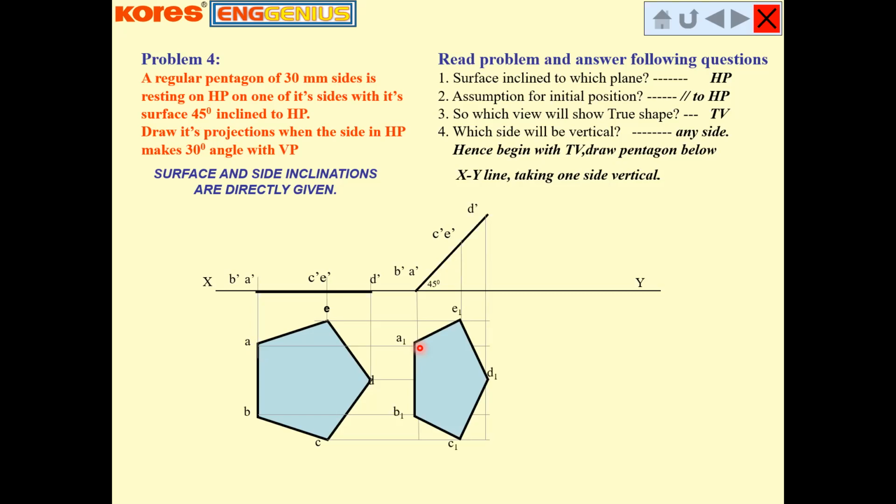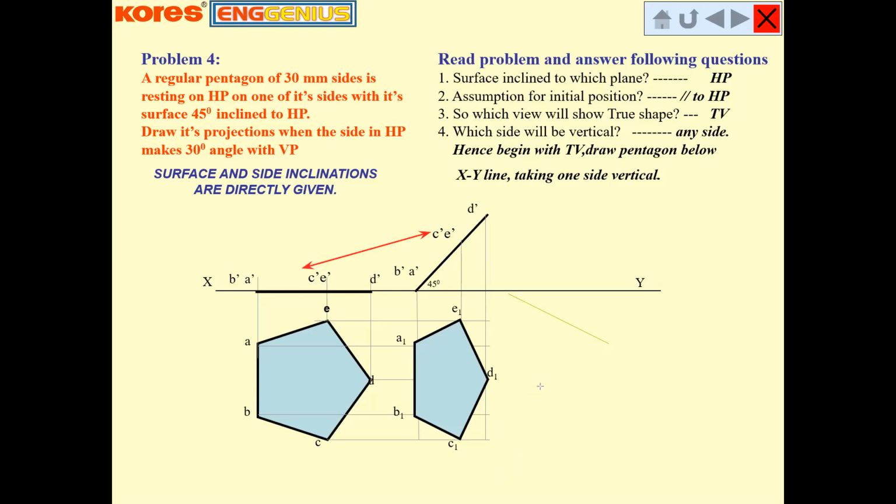After that, the side or edge inclination is given at 30 degree. So we need to draw one line at 30 degree angle. Then again here also, we need to do the same thing. What we have done over here is just copied and pasted the front view at a certain angle.